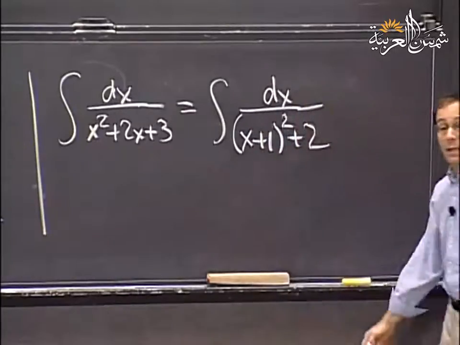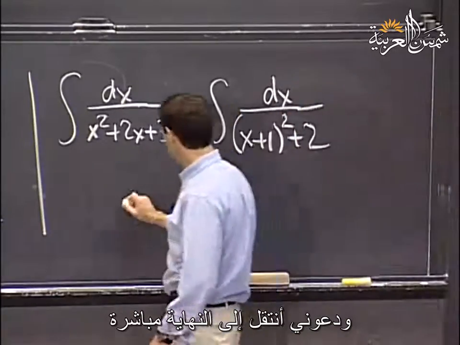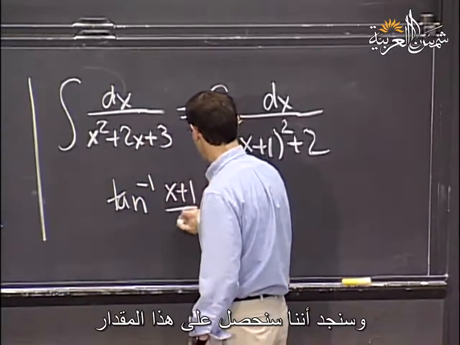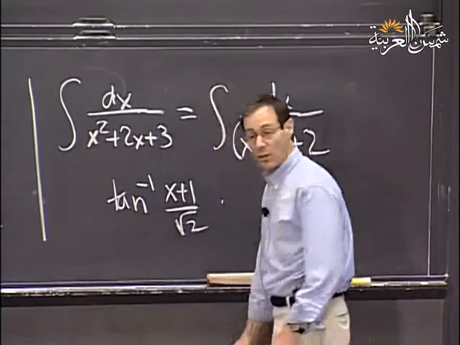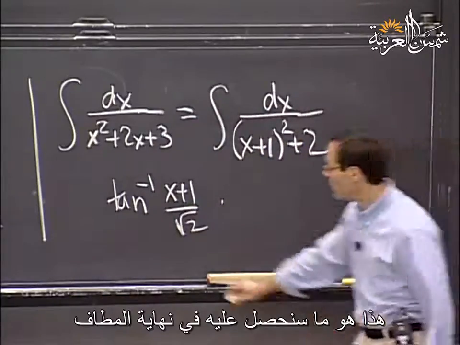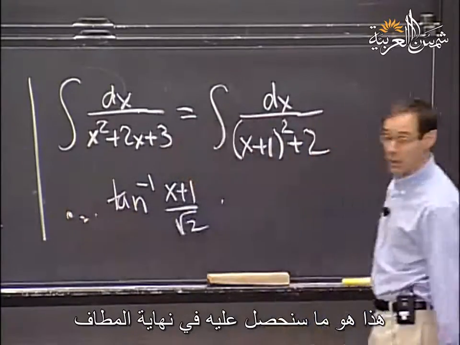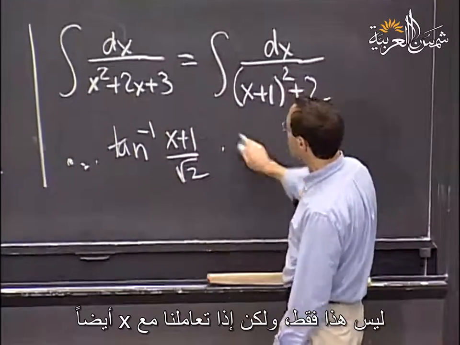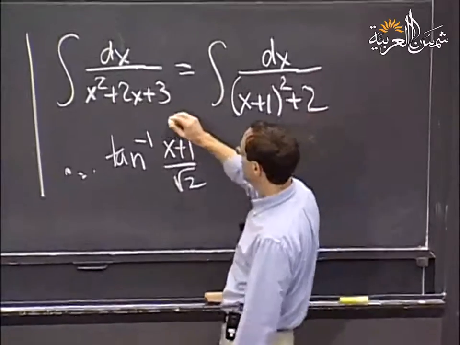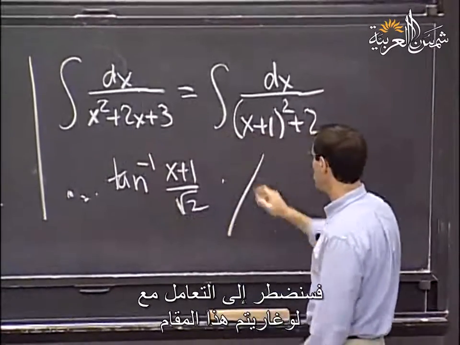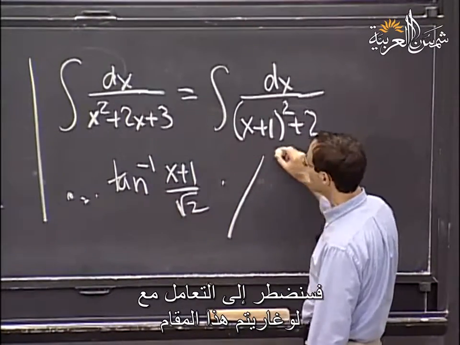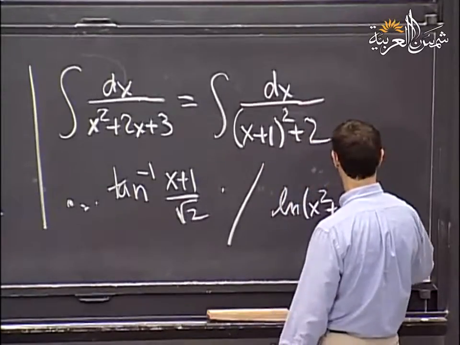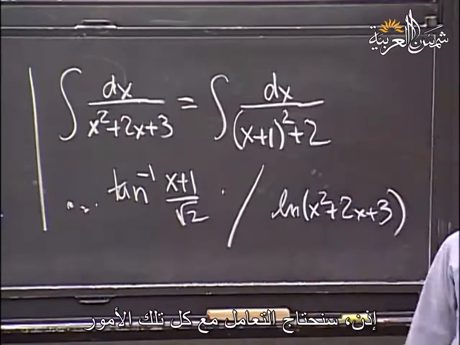And then the evaluation is going to be expressed in terms of, I'm going to jump to the end, this. That's what will eventually show up in the formula. And not only that, but if you deal with ones involving x as well, you'll also need to deal with something like log of this denominator here. So all of these things will be involved.